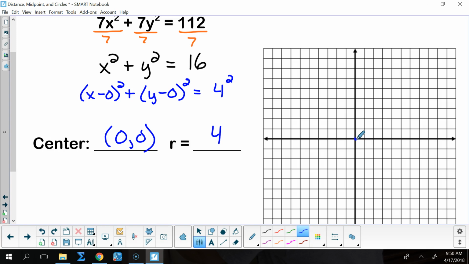If you wanted to, instead of putting a dot there, you could just put a C there for your center. Okay, 1, 2, 3, 4. 1, 2, 3, 4. 1, 2, 3, 4. 1, 2, 3, 4. So then there's my circle, and then, oh, this one's bad. I'm going to have to go around twice on this one for sure.